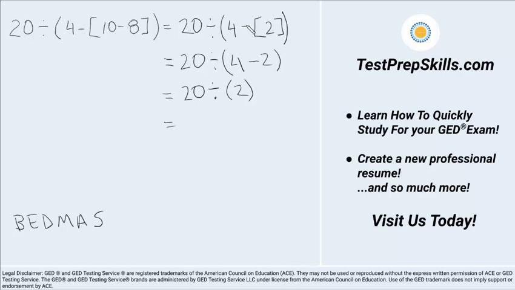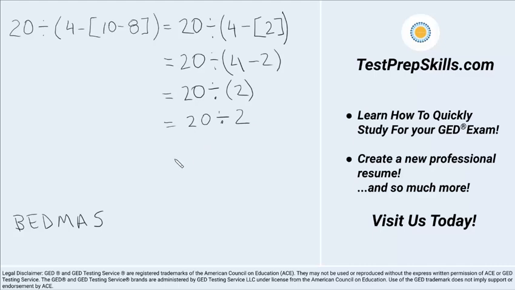Remember up here, I had a sign, I had a negative in front that I needed to multiply. So I just wanted to double check, make sure, do I have anything in front of this bracket? Do I have a number or a sign? I don't, right? I've got this 20 divided by whatever's inside my bracket, but I don't have a negative or a positive right here. So what I can do is I can go ahead and drop these brackets, okay? So it's just 20 divided by 2.